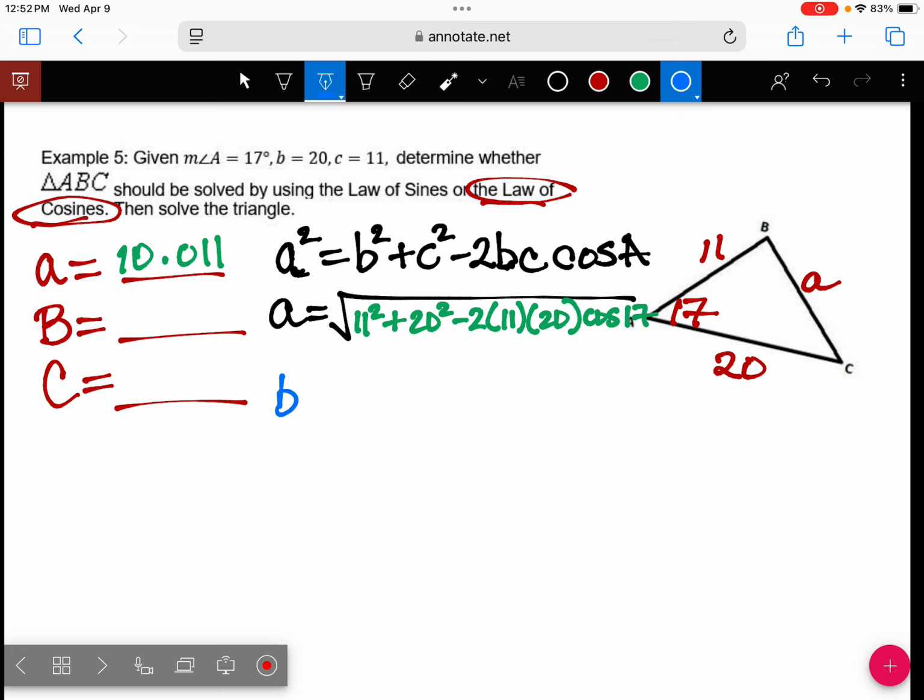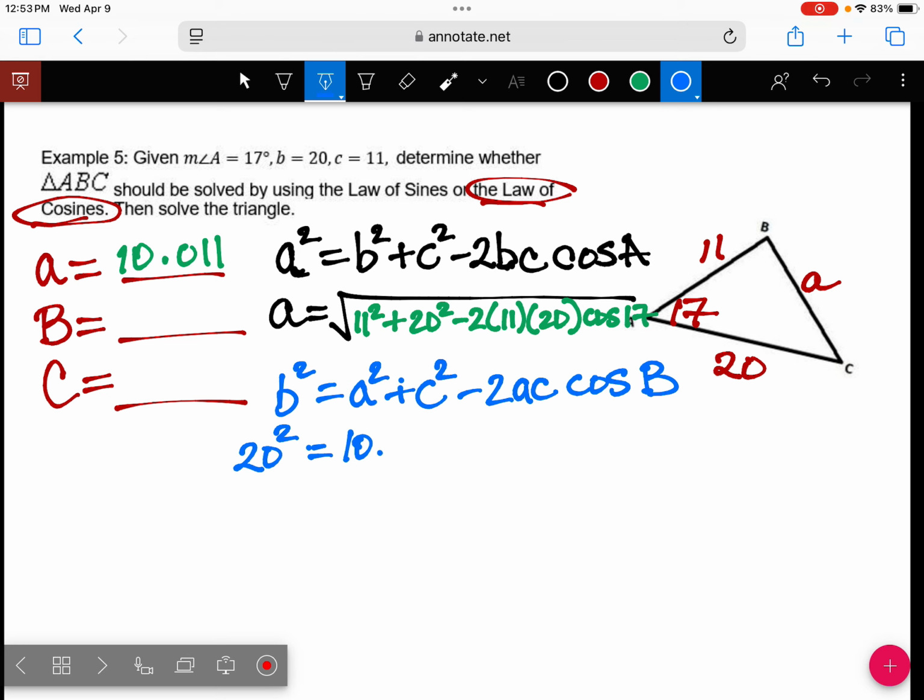So the way I'm going to set it up would be b squared equals the other two sides minus 2, and then I'm going to end it with the cosine of B. So we got b squared, which is 20 squared, that equals the other two sides, so the one we just found, 10.011 squared plus c squared, minus 2 times 10.011 times 11, and we're ending with the cosine of angle B.